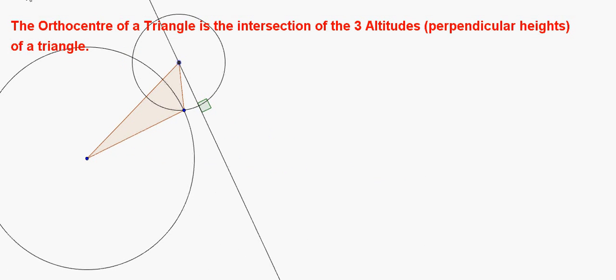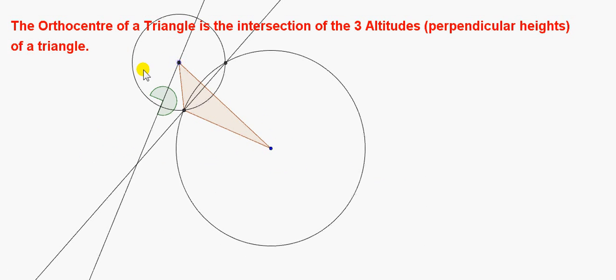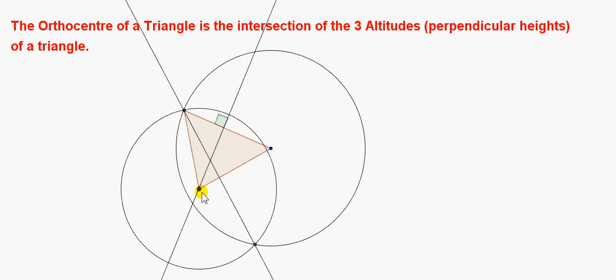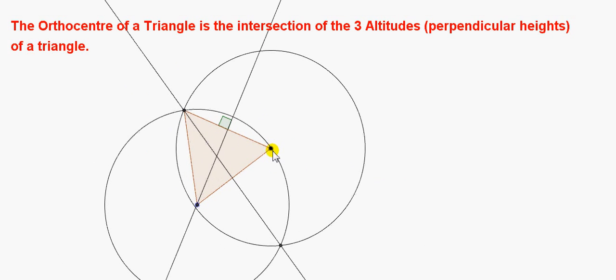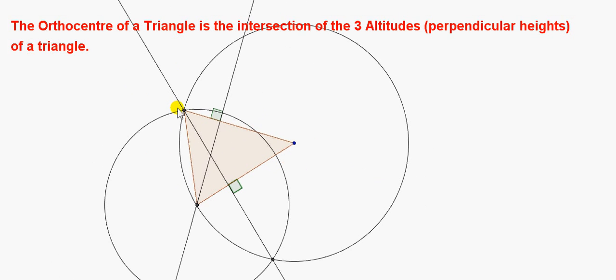So we get the points of intersection of these two circles, and we draw in this second altitude. So now we have two altitudes.